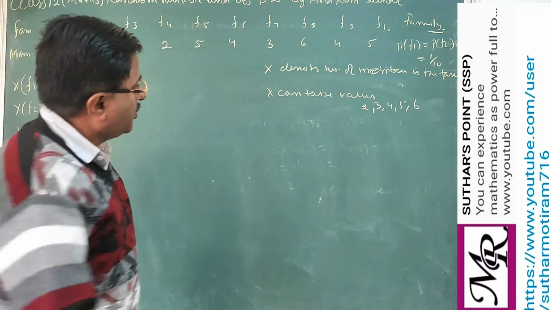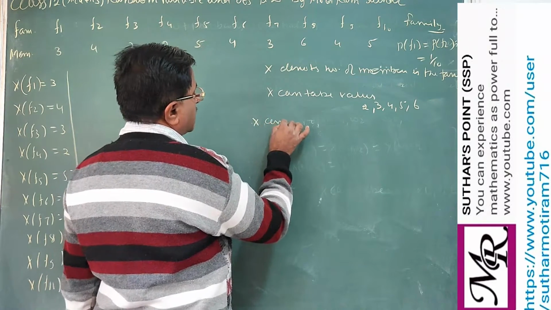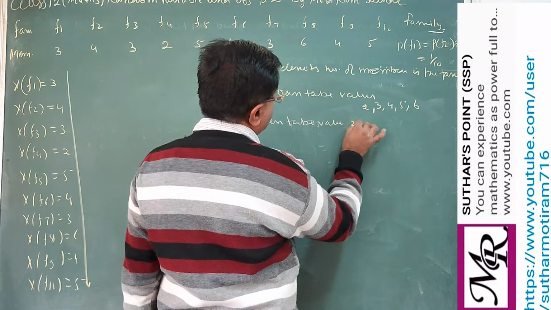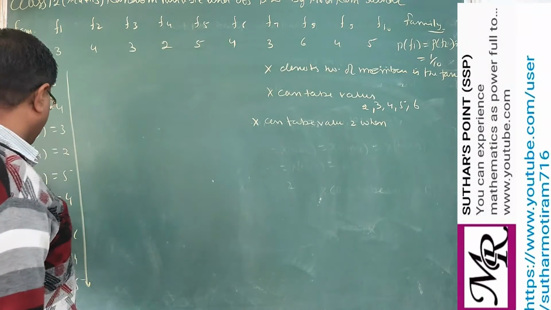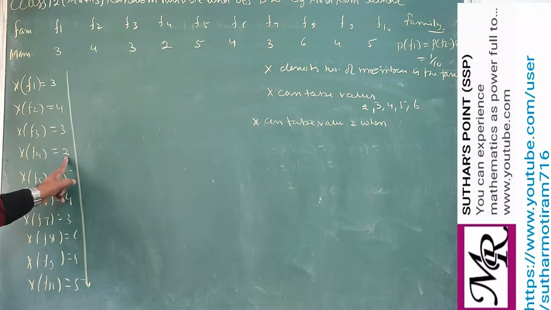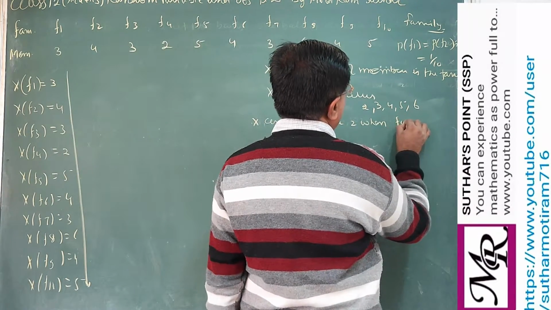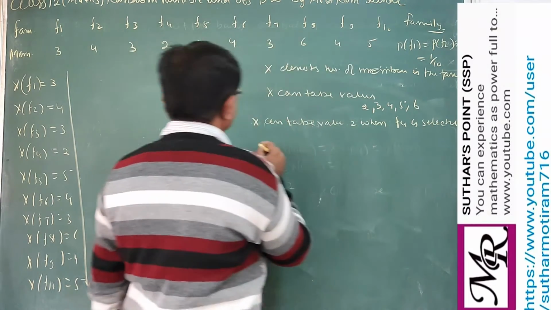X can take value 2 when we are selecting the family F4. So 2 when F4 is selected. You may write it this way.